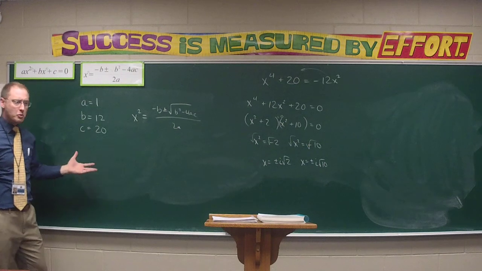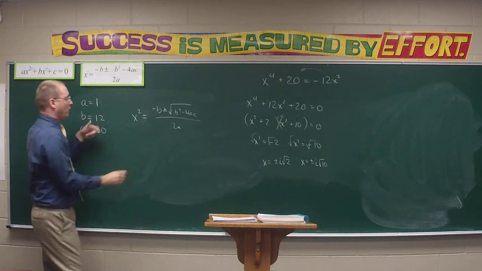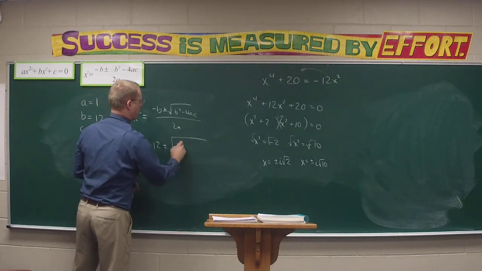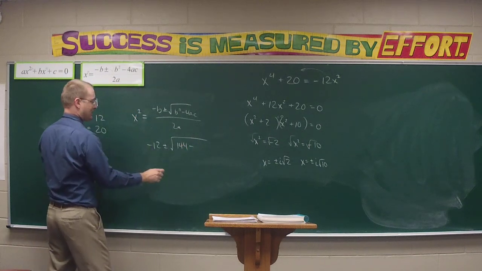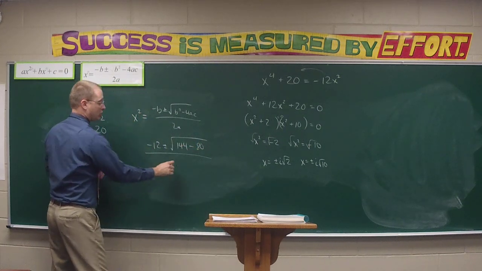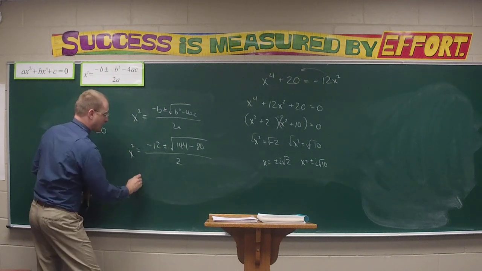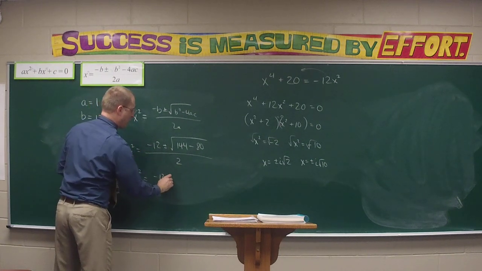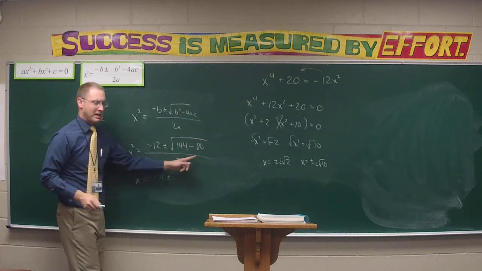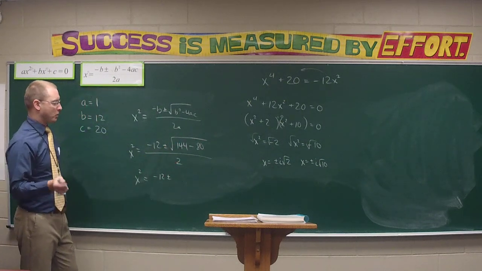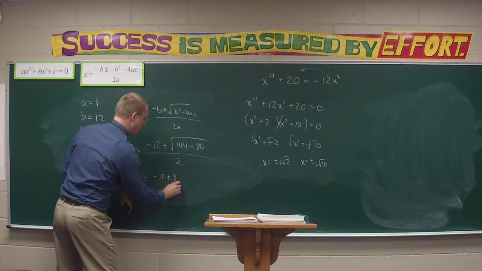Does that make sense? So we can still even use the quadratic formula, where we could say that negative 12 plus or minus the square root of 144 minus 80 all over 2 is my x squared. And so x squared equals negative 12 plus or minus, let's see, what is 144 minus 80? 64. Square root of 64? 8. 8 all over 2.